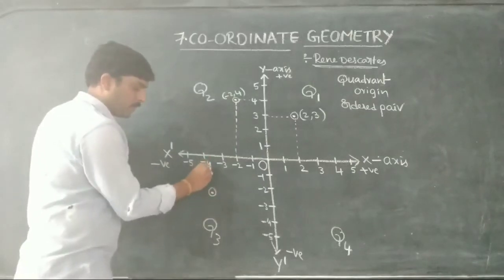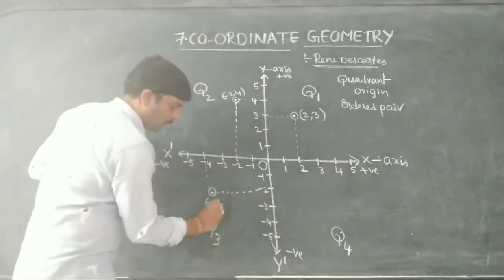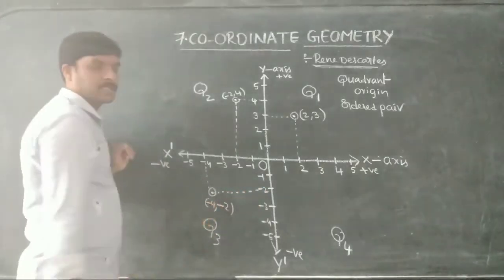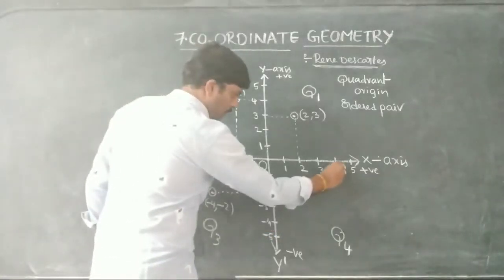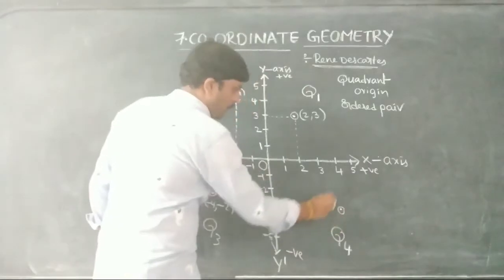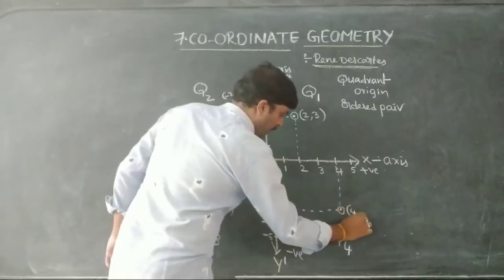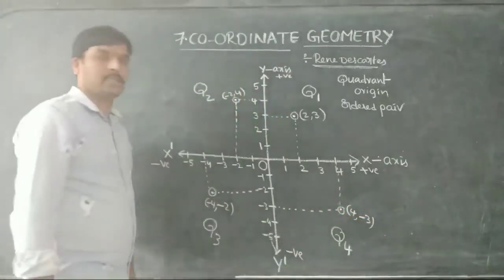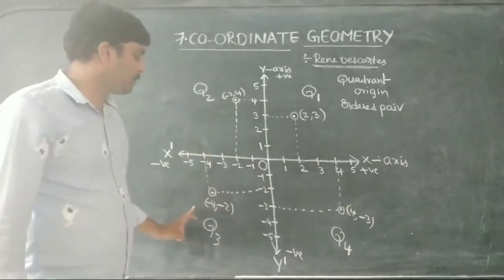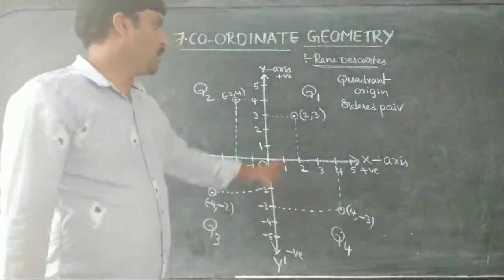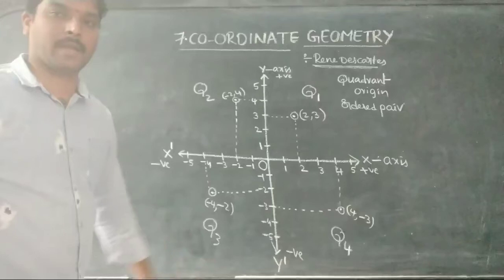The x value first, that is -4, and the y value -2: minus, minus. In the fourth quadrant, this is the point, from the x-axis 4, from the y-axis up to 3, -3, so (4, -3). Here it is plus, minus. Here plus, here minus, here minus, here plus, minus.